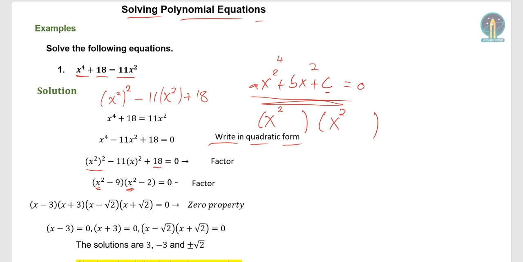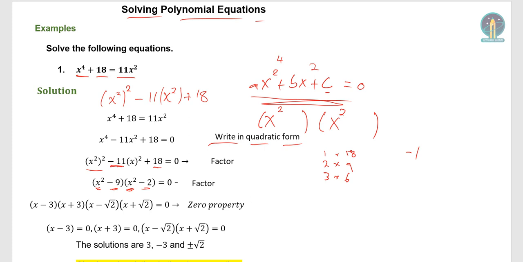18, again, so we need two multiples of 18 that add up to minus 11 when added together. Now, what are these multiples? Well, minus 9 and minus 2, right? Again, you can go through the process: 1 times 18, 2 times 9, 3 times 6, etc., and just add any of these in whatever sign combination to get minus 11.